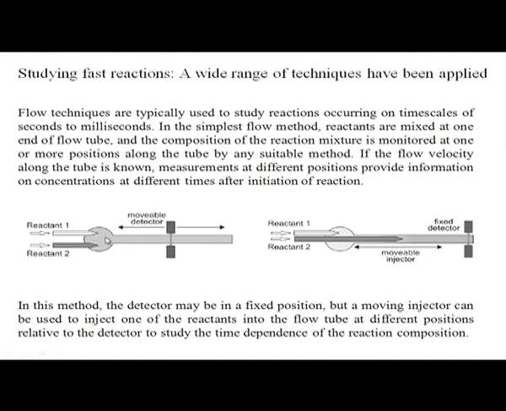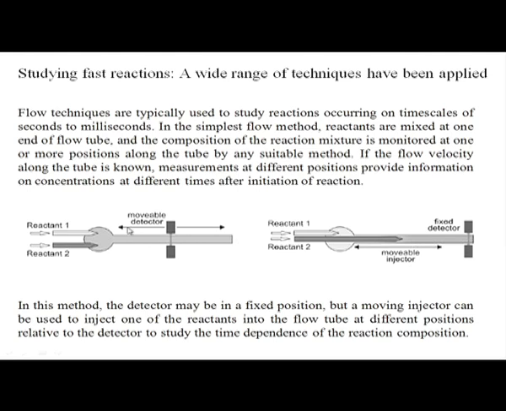So, if this flow rate is known, then you should be able to find out the time dependent concentration along this tube, that is the time dependent concentration of certain reactant or maybe certain product. Okay. So, this is one way.